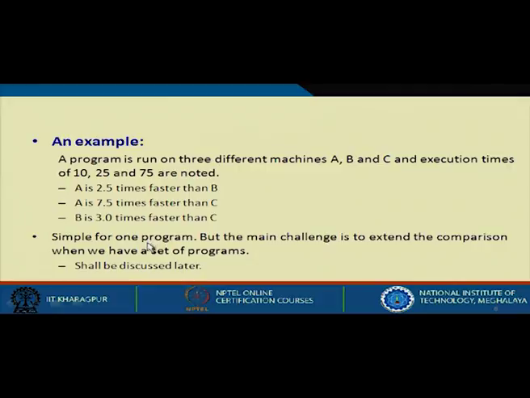Simple for one program, but what if you have a different set of programs? How do we compare? This shall be discussed in the course of time.